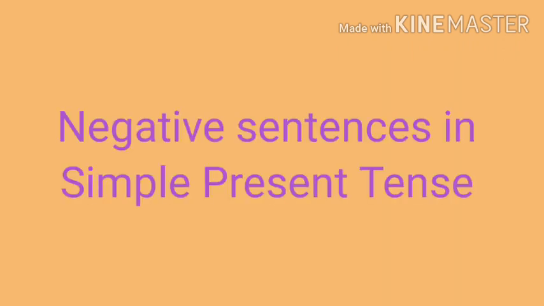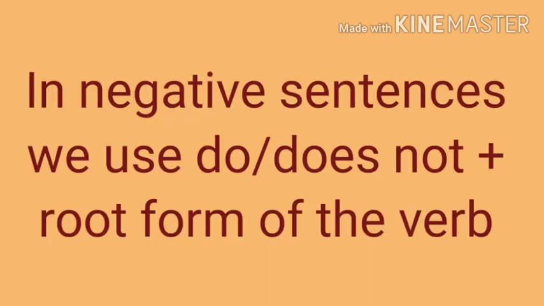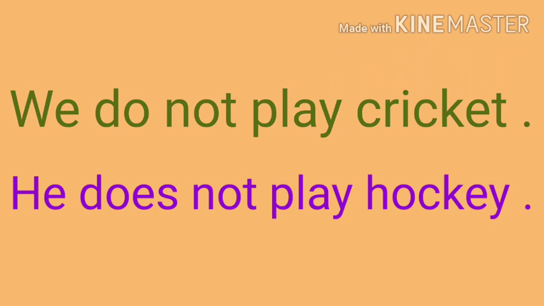Now let's see how negative sentences are written in simple present tense. In negative sentences, we use do or does not plus root form of the verb. Look at the examples. We do not play cricket. Next one, he does not play hockey.